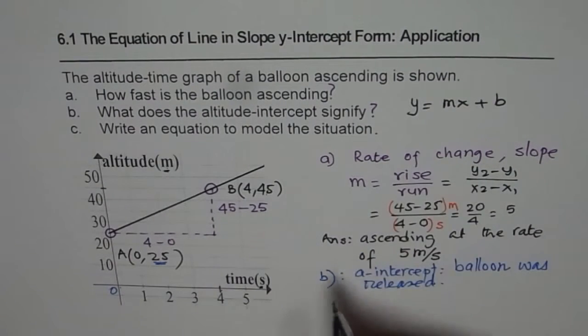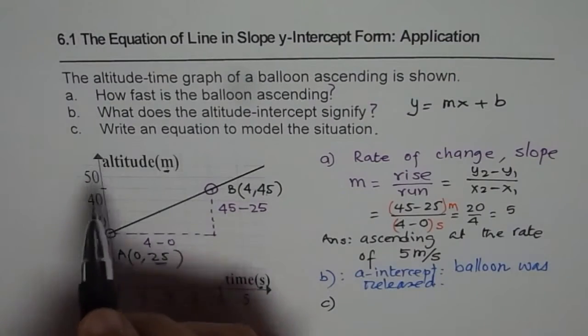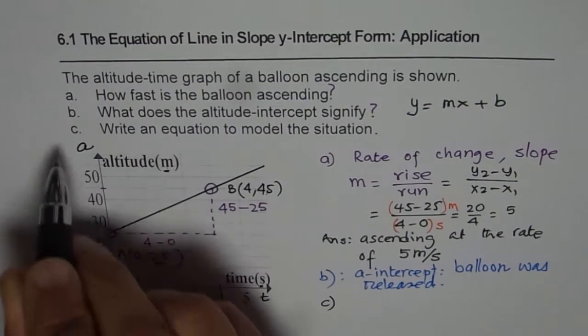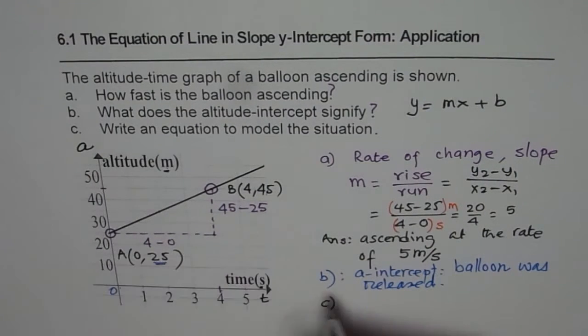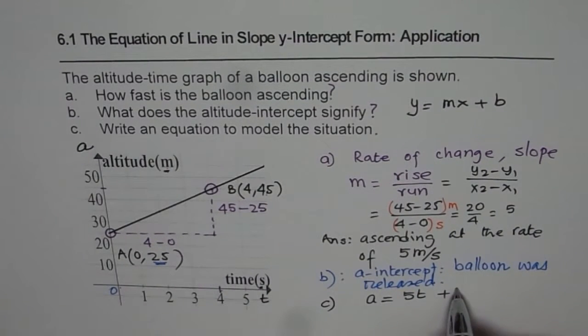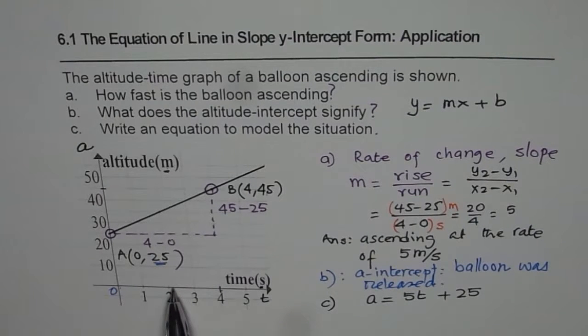So knowing all this, we can write the answer for C. In our case, y is represented by altitude a, and x by time t. So altitude a equals, slope is 5, so 5 times t, the time, plus the initial point, which is 25. So a equals 5t plus 25 is the equation for this graph.